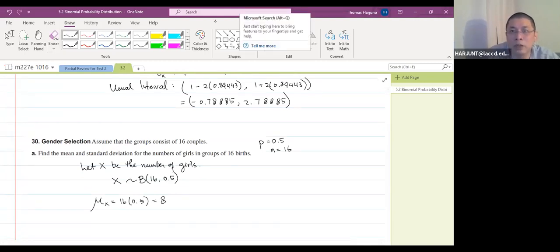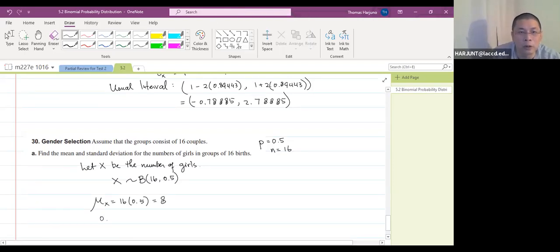I saw just now that my internet connection is not stable. Anyway, the variance will be 16 times 0.5, that's the P, times the Q, 0.5, that will give me 4. Therefore, the standard deviation is 2.